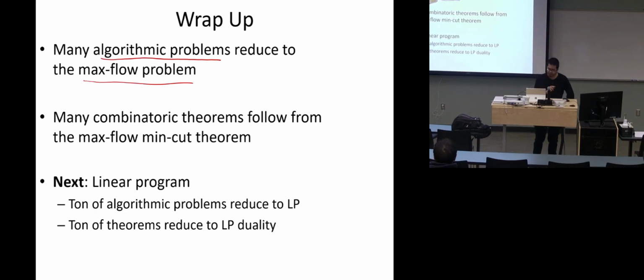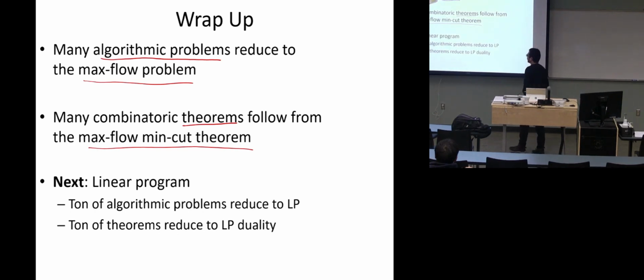And not just algorithmic problems, many theorems which are purely structural, purely combinatorial, like Menger's theorem, which we saw, and Hall's theorem, just reduce to the min cut MaxFlow theorem. So you see that it's a powerful thing to know, not just as a black box for solving algorithm problems, but for proving math theorems which have nothing to do with algorithms.